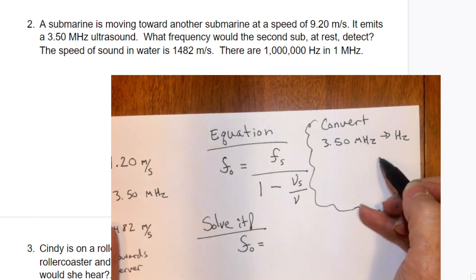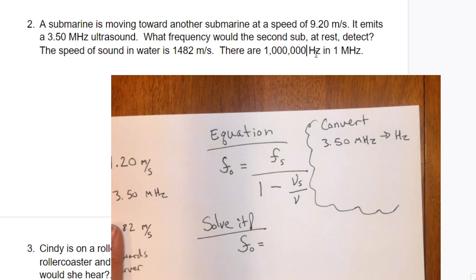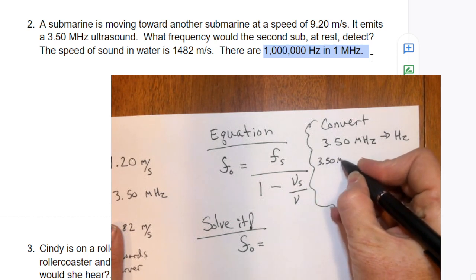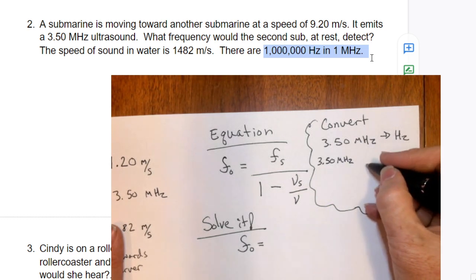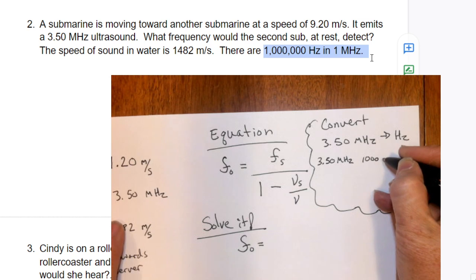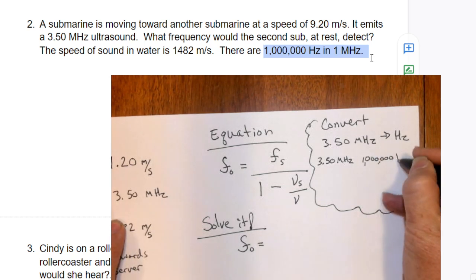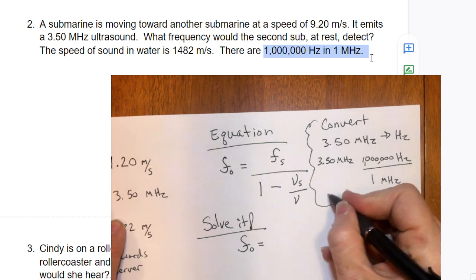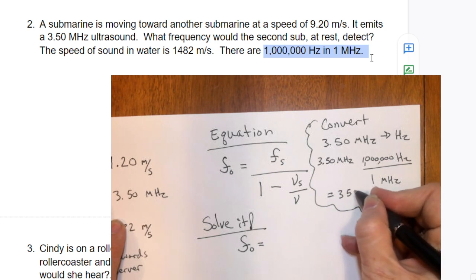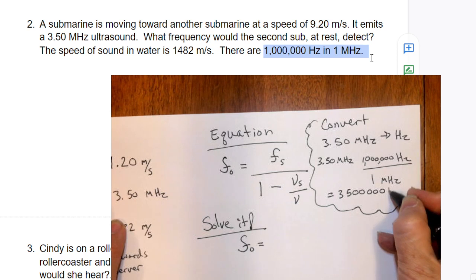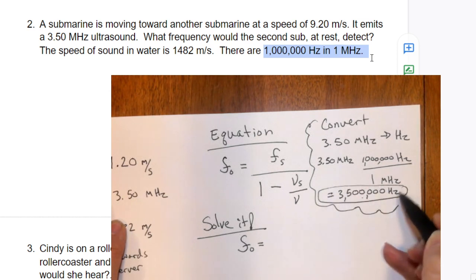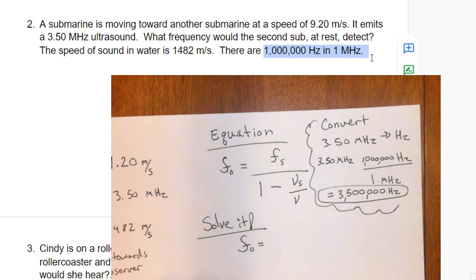They tell us that there are 1 million hertz in 1 megahertz, so I need to multiply by a million. 3.50 megahertz times 1 million hertz per 1 megahertz gives 3.5 million hertz, or 3,500,000 hertz. Okay, I got it now. So back to what I was doing.